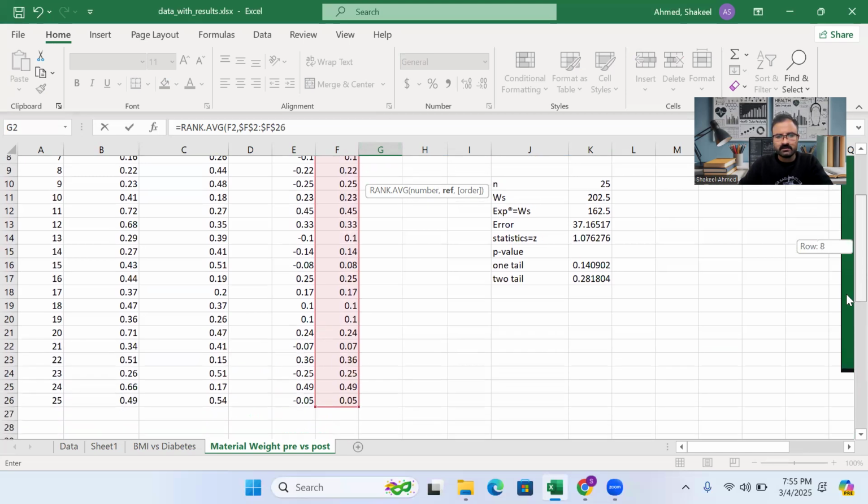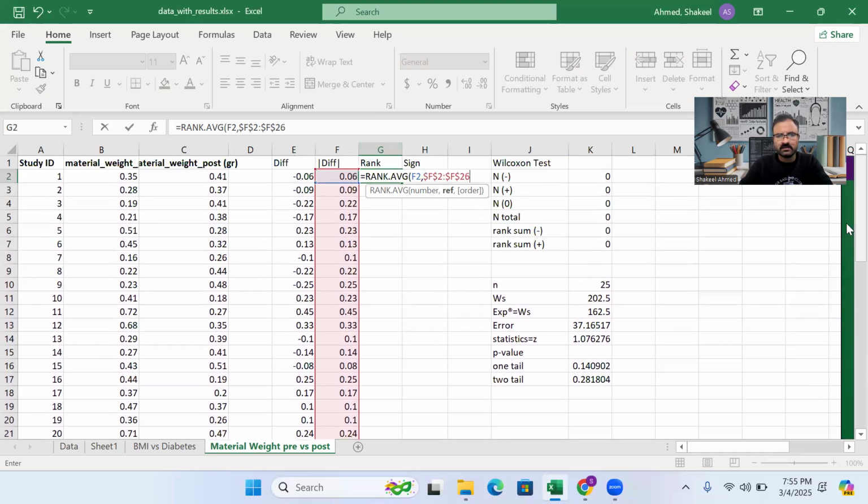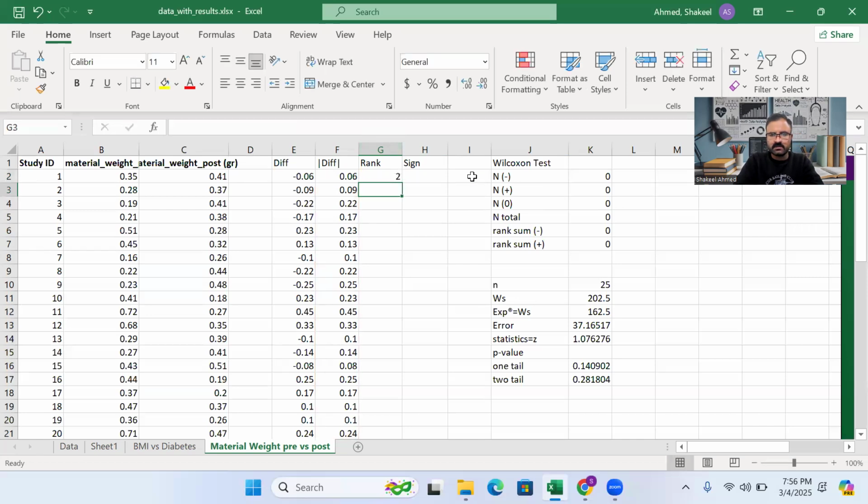You can just check. We have 25 observations. So we are just leaving first row as the name of the variable. And then the order is ascending order. So you need to write 1. If you want to rank in descending order, then put it as 0.